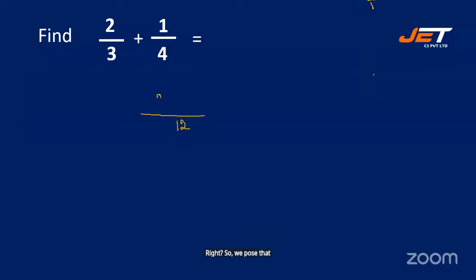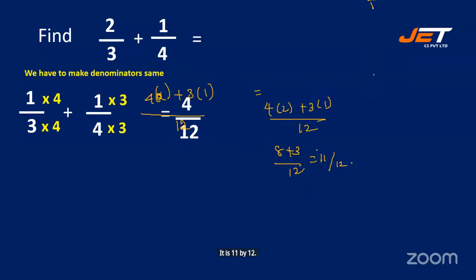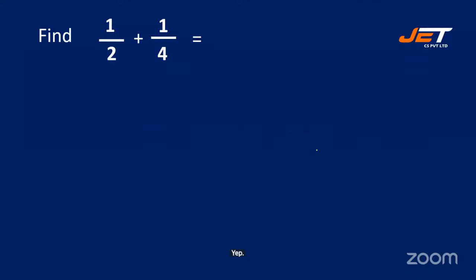That 4 into 2. And 4 will go in 12 3 times, into the numerator 1. So, 4 into 2 plus 3 into 1 over 12, which is 8 plus 3 by 12, which is 11 by 12. Okay. Let's see the answer.